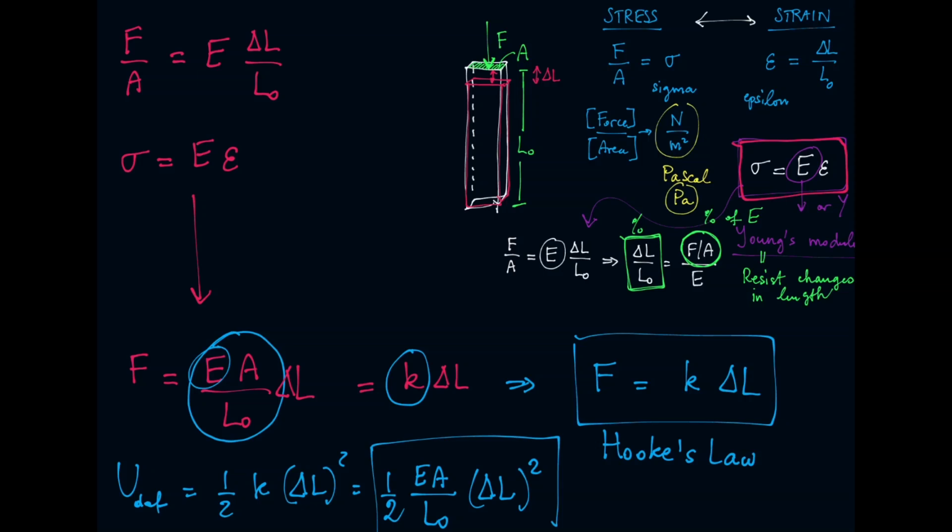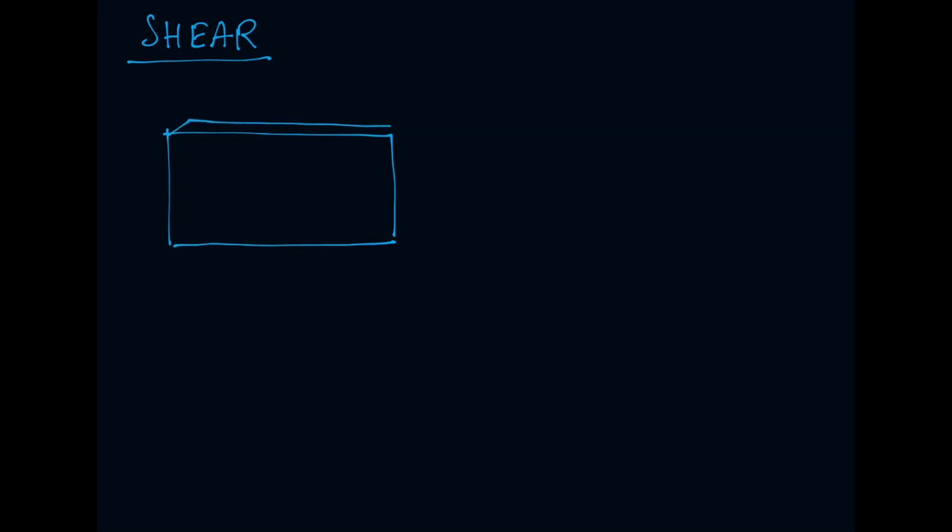Again, very, very nice. Next up in the types of deformations that we can apply on an object is shear. Let me try to draw this picture as well as I can. Imagine you have a parallelepiped like this that is glued to a tabletop.